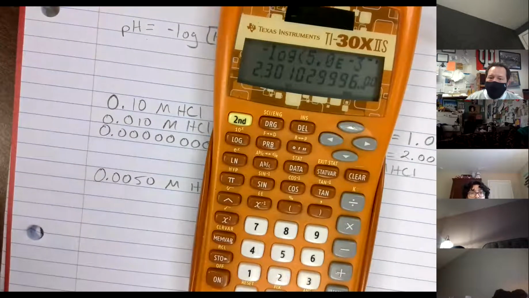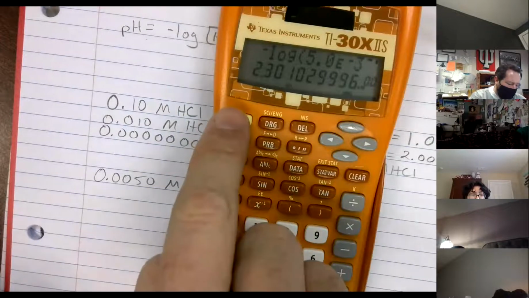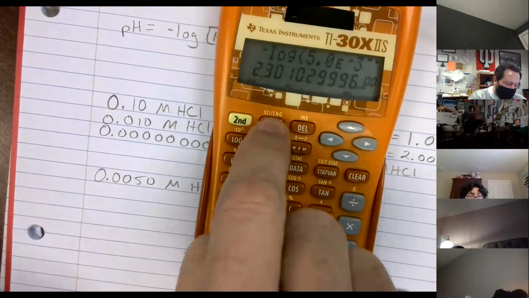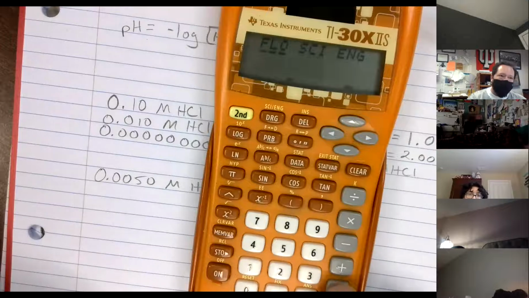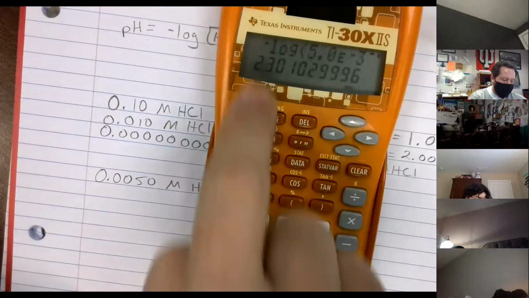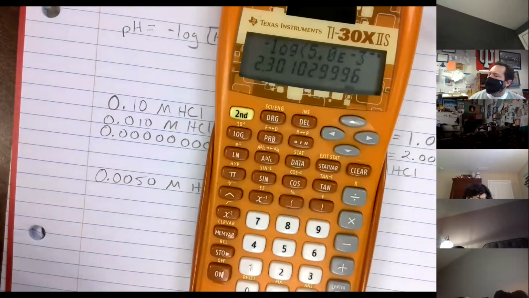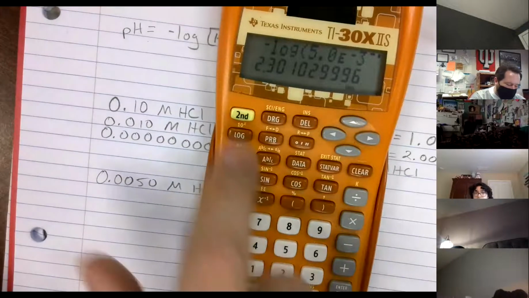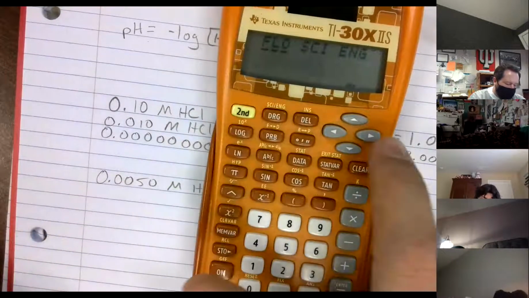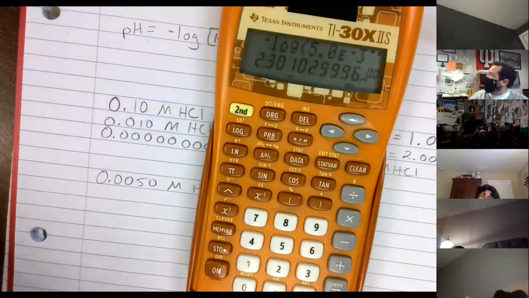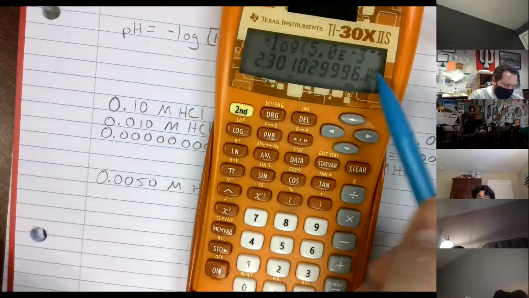If you got a different number, you probably got the same number. Let me show you. If I hit second and then the button right next to it, Sci Engineering, I can go over to float, which most of you are probably in, and then I get my float number. So if you ever want your number in scientific notation, hit second, go over to Sci, hit enter, and there's scientific notation.